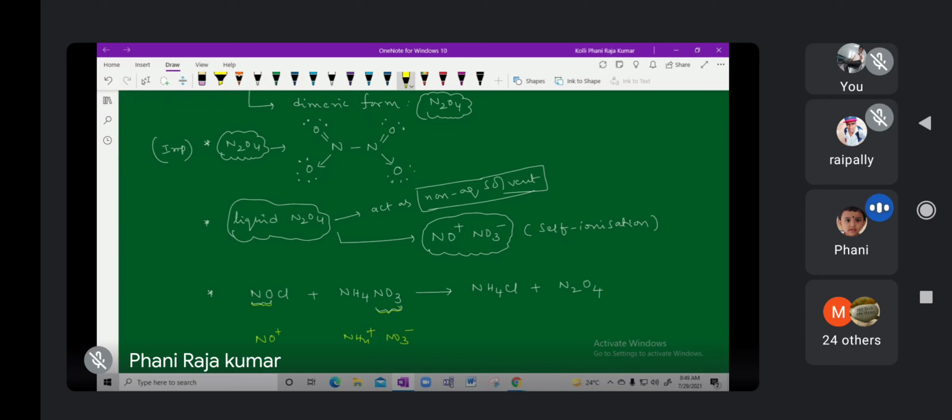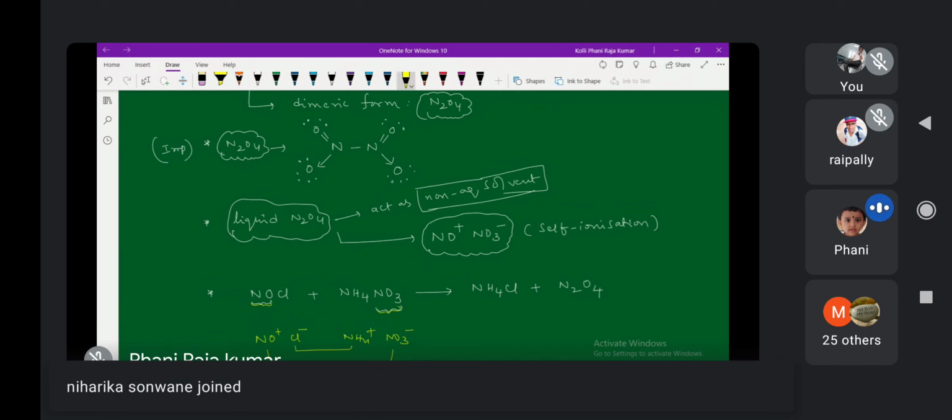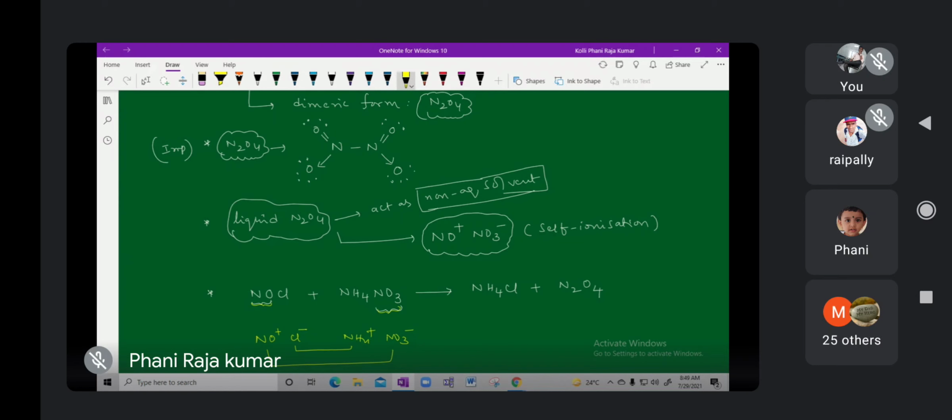Here NO plus and Cl minus. Combination of these two gives NH4Cl plus N2O4. So this is one proof for N2O4, which exists as NO plus and NO3 minus in solution state.